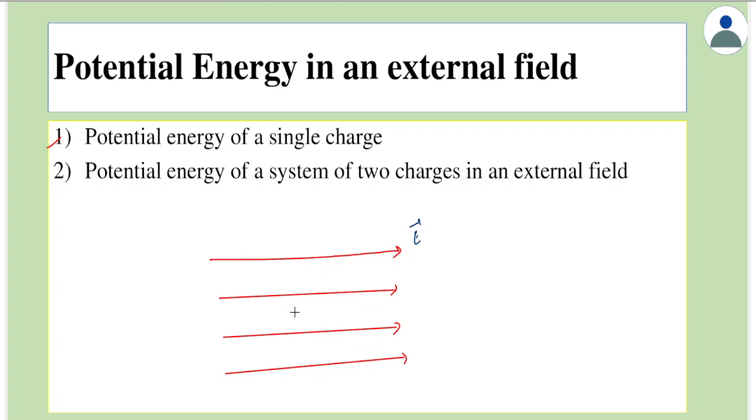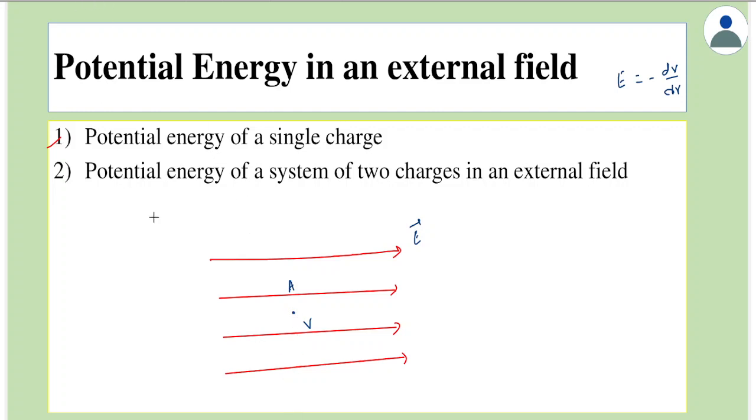Suppose at a point A, let the potential be V. We can connect E with V using the form E is equal to minus dV by dr. By this form we can connect E with V. So let's assume that the potential at this point A is V.